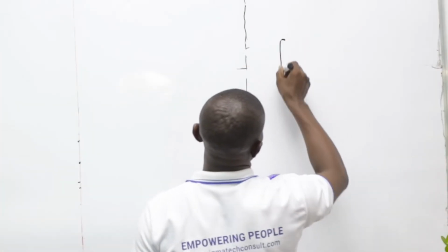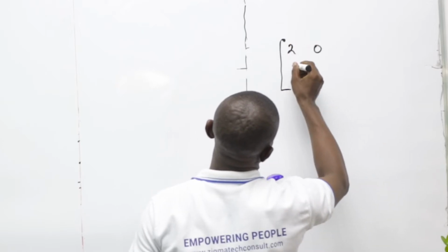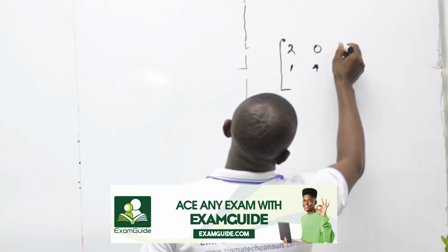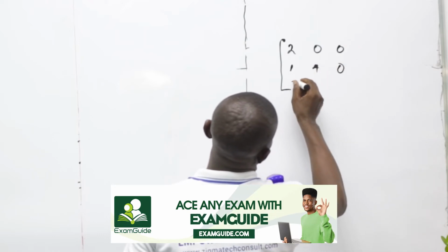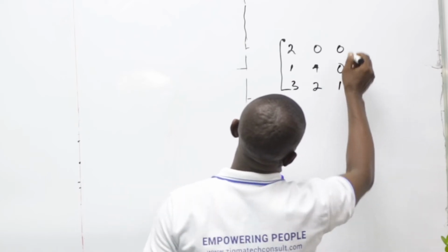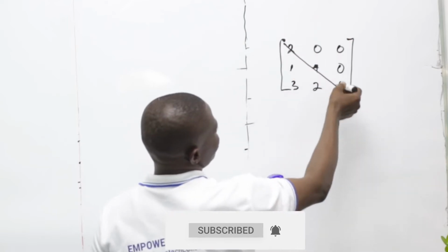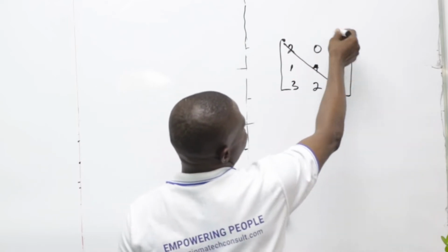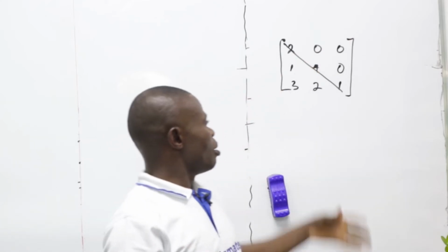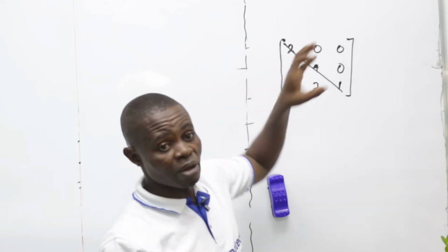If I have this matrix 2, 0, 1, 4, 0, 0, 3, 2, 1. Principal diagonal, this way. The elements above are all 0. You call it a diagonal matrix. But at times, it may appear downwards, but there must be numbers here to make it a diagonal matrix.